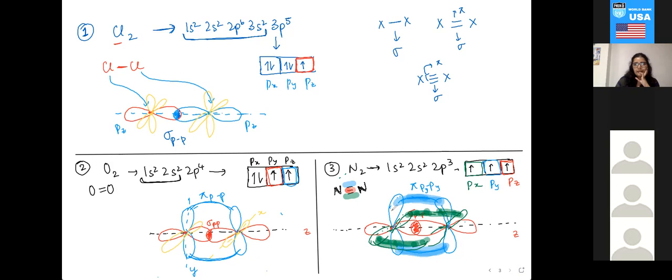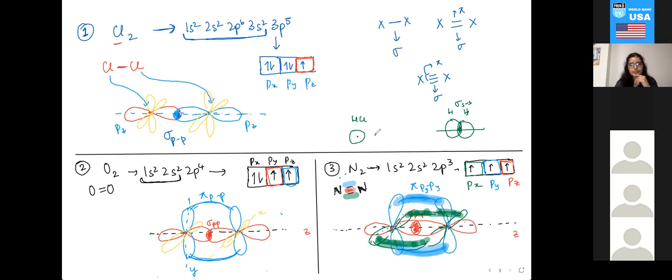Okay. So this sort of overlap can be explained for really simple molecules when there are just 2 atoms involved, like Cl2, O2, N2. H2 is really easy. You have an S-S overlap in that case, a sigma overlap, sigma SS. If you take HCl also, H has a 1s electron and Cl has the unpaired p electron.